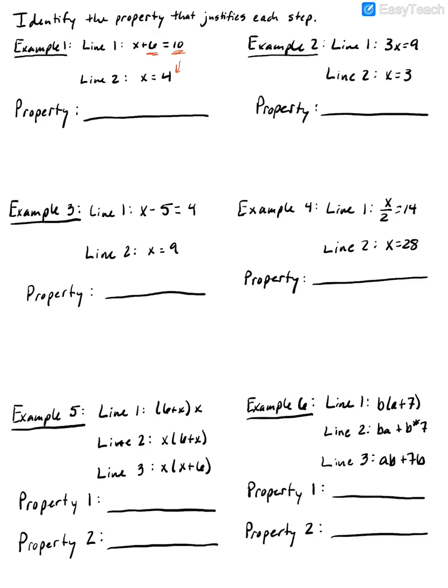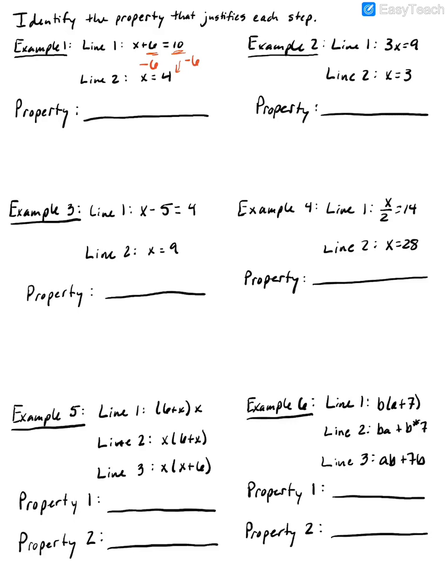In this case, for the 6 to not be there anymore, it needed to get canceled out. Since I'm adding 6, the opposite would be subtracting 6. That makes sense for 10, because if I subtract 6 from 10, that gets me 4.